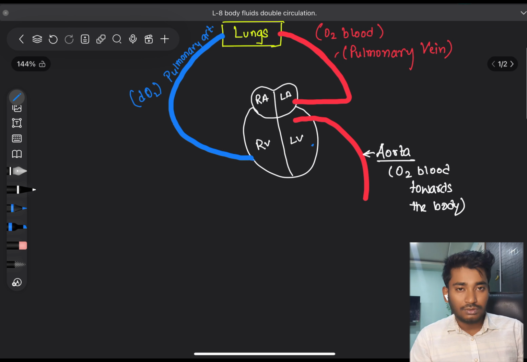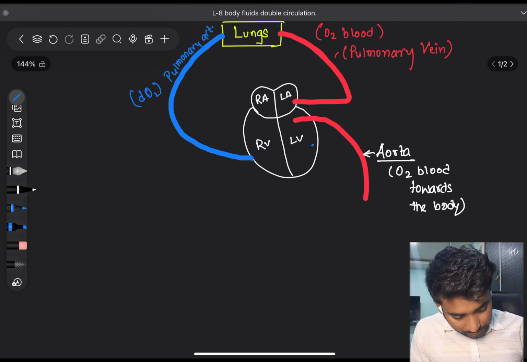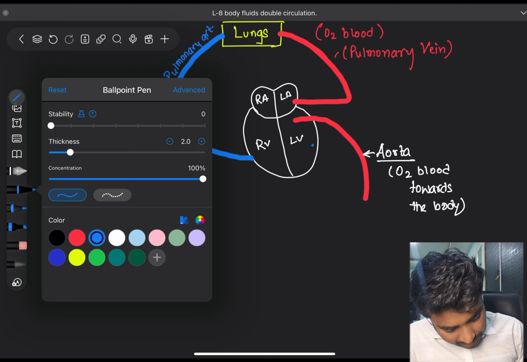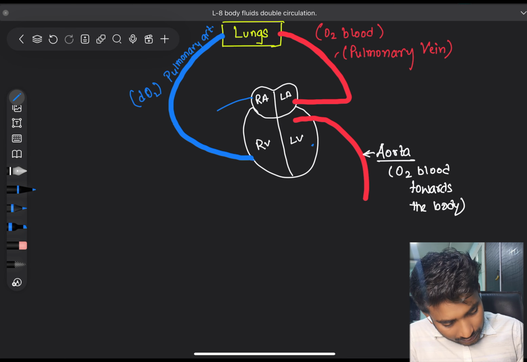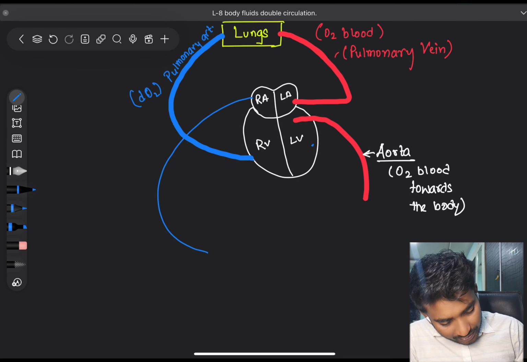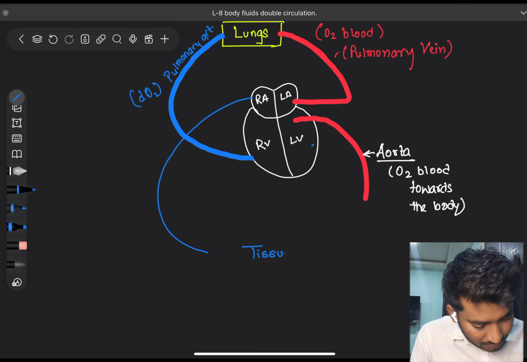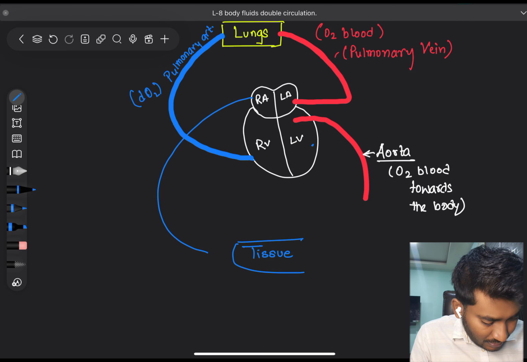Now here is the tissue. From where does the right atrium get the blood? It gets the blood from the tissues, because blood is exchanged at the tissue level in the body.